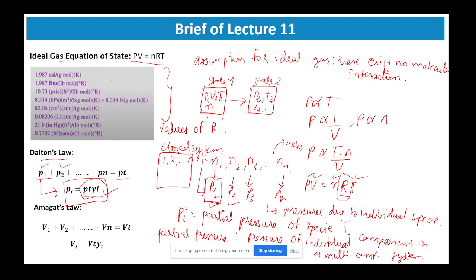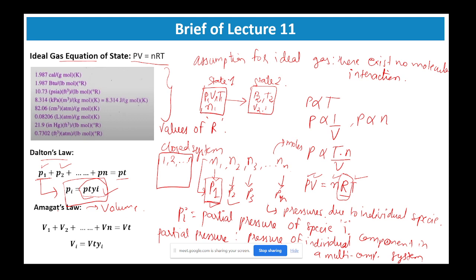Similarly, there is one more law which is Amagat's law. Now this law is for the volume of gas. Okay, volume is also additive. So here you just replace pressure by volume. Say for example, if you have two liquids which are miscible and you add 100 ml of water and you add 100 ml of milk, the total volume will be additive.